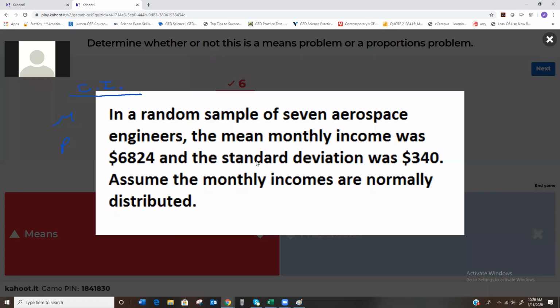When you're looking at a problem, you have to decide, is this a means problem or is this a proportion problem? So in a random sample of 7 aerospace engineers, the mean monthly income was $6,824. Standard deviation was 340. Assume the monthly incomes are normally distributed. So if I was doing this one completely, besides knowing that it's a mean, what else do you have to know?